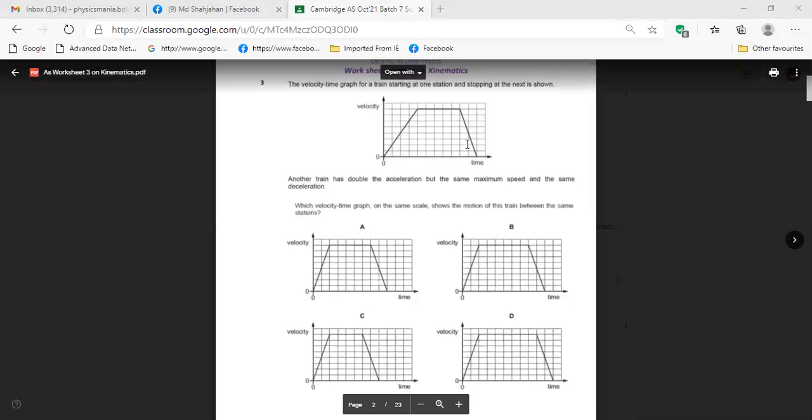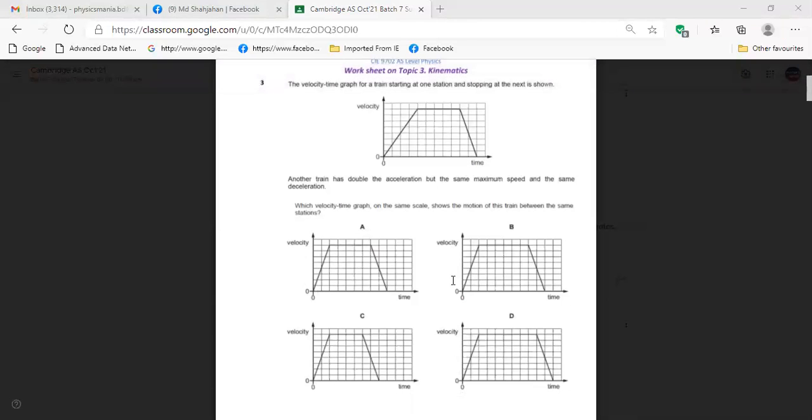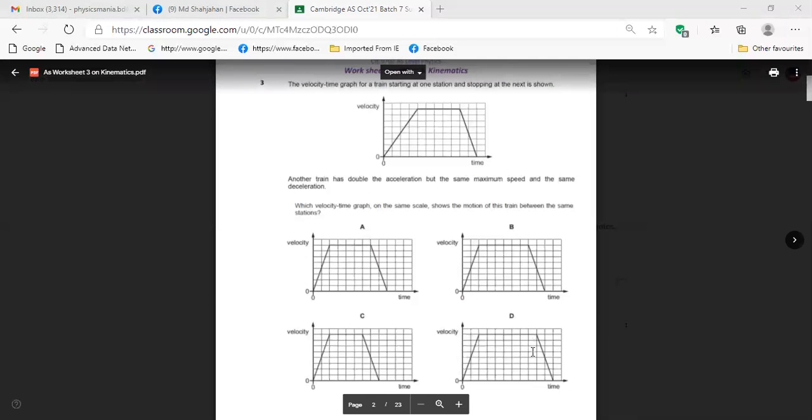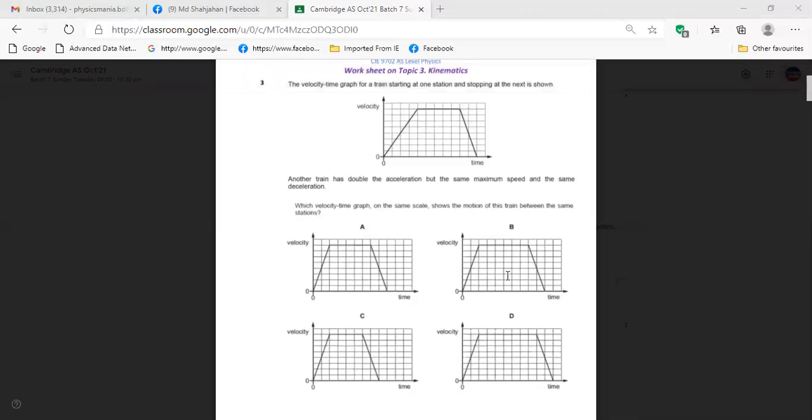So we can skip them. We can try with B and D, because they could be possible answers. So you try with B and D, which one is giving you an area under the graph of 64. First try with B.